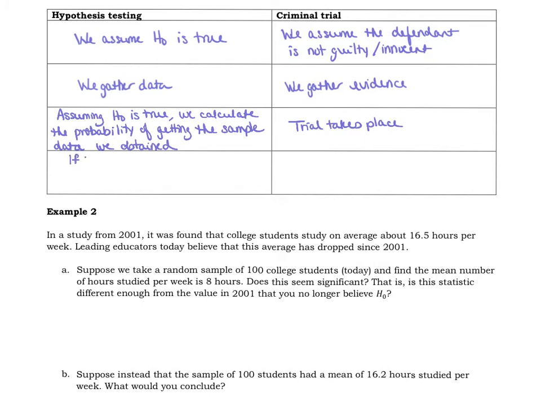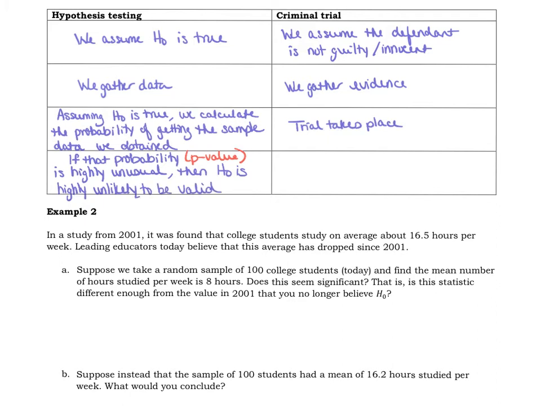If that probability that we calculated, which happens to be called, by the way, a p-value, a term that we'll start using, is highly unusual, and remember, unusual we usually say as a probability of less than 5%, then the null hypothesis, H sub 0, is highly unlikely to be valid. Okay, in other words, we need to change our mind.